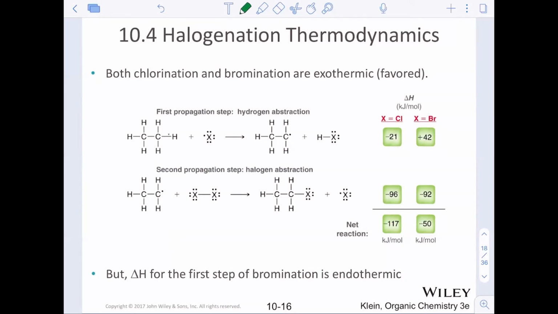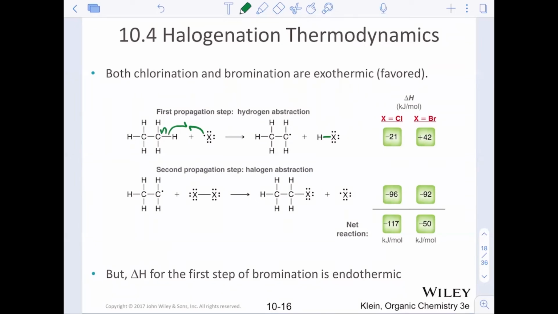Let's remember our mechanism. Hydrogen abstraction, the halogen will come and make a new bond with hydrogen and make a new radical on carbon. Notice the difference here between chlorine being the radical that does this versus bromine being the radical that does this. What do you remember about bromine versus chlorine as anions?